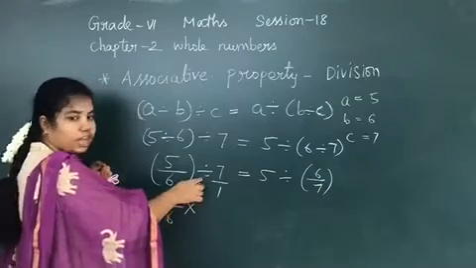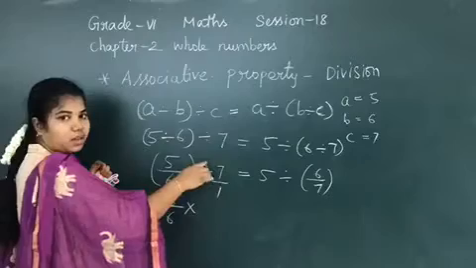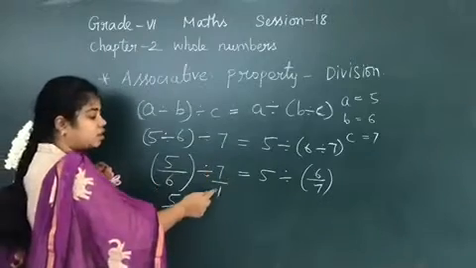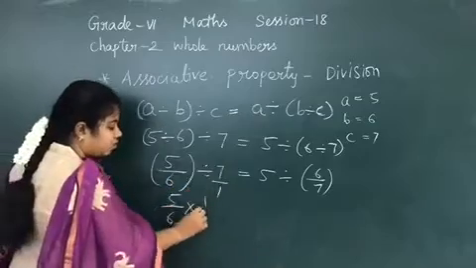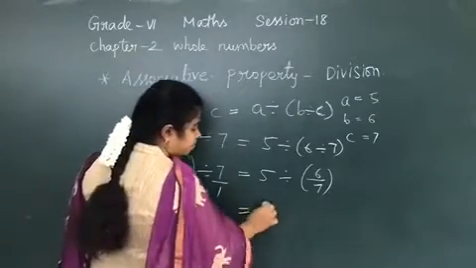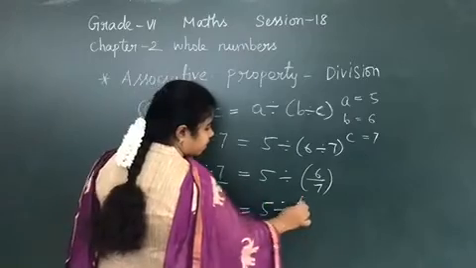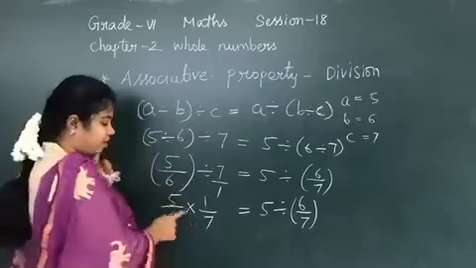To change the symbol of division to multiplication, I have to reciprocate this number. Reciprocation means the numerator will become the denominator and the denominator will become the numerator. So this will become 1 by 7. First let us complete this.